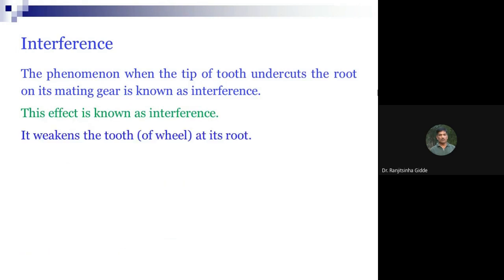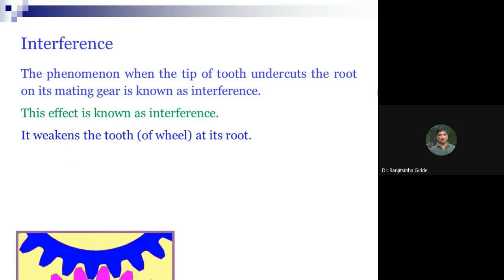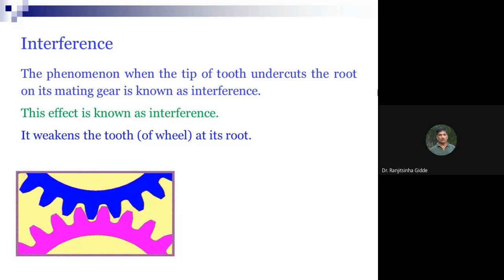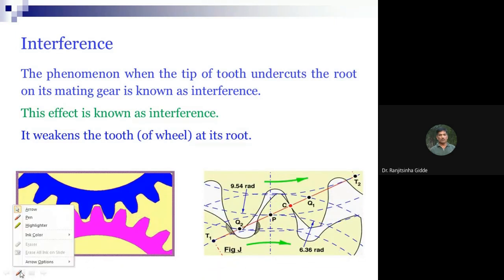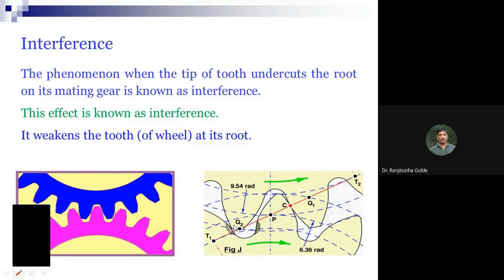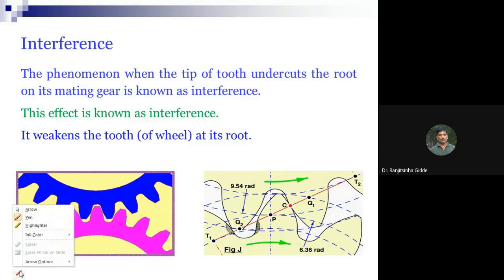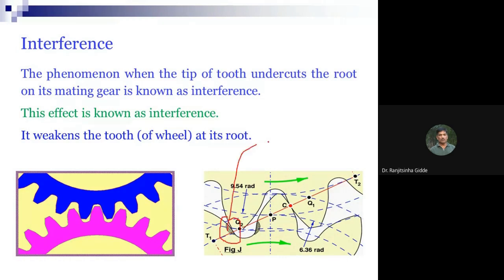Then it will weaken the wheel at its root. This is the animation, the slide, which indicates the damage to the tooth due to the interference. So this way there is damage to the tooth.